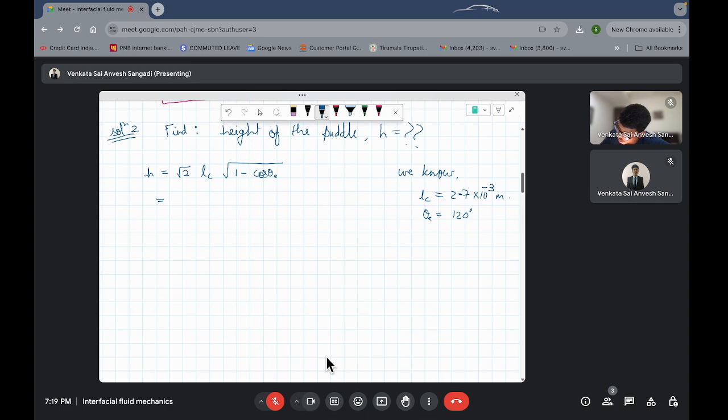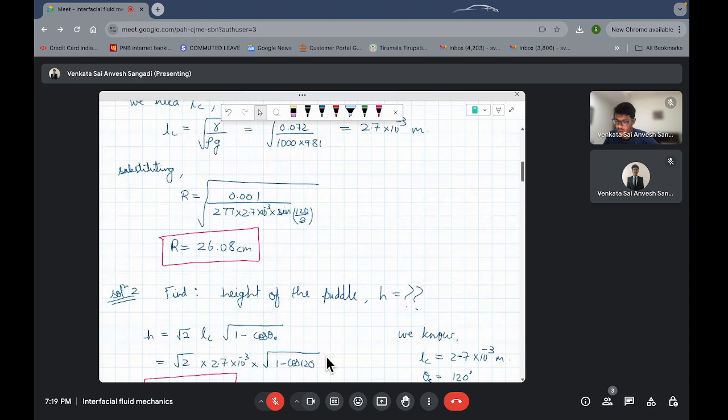Therefore we substitute: root 2 into 2.7 into 10 power minus 3 into minus cos 120. If we simplify, we get h is equal to 4.6 mm. So the correct option here is B.